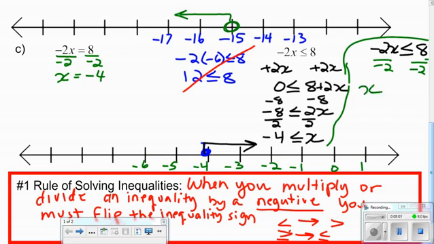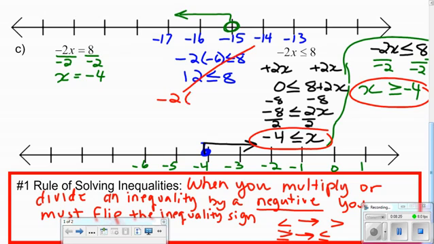So instead of less than or equal to, the inequality is going to flip to greater than or equal to -4. And either way, we get the same inequality, but x has to be greater than -4, or -4 has to be less than x.